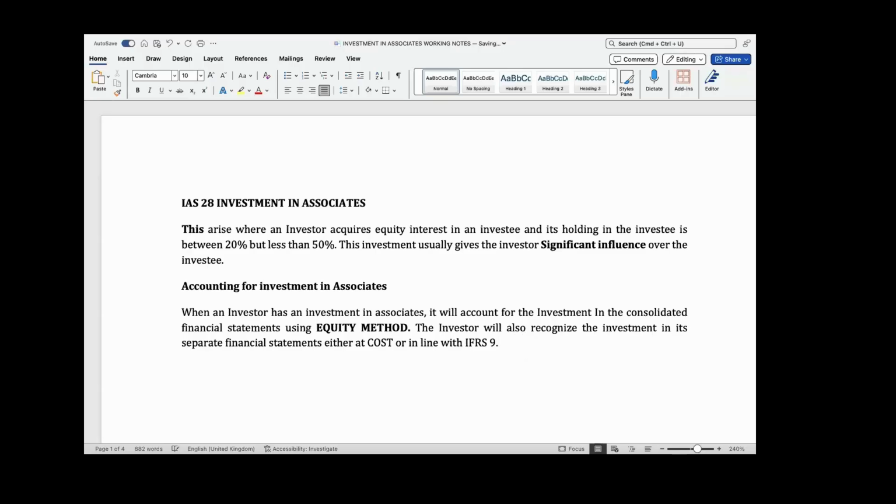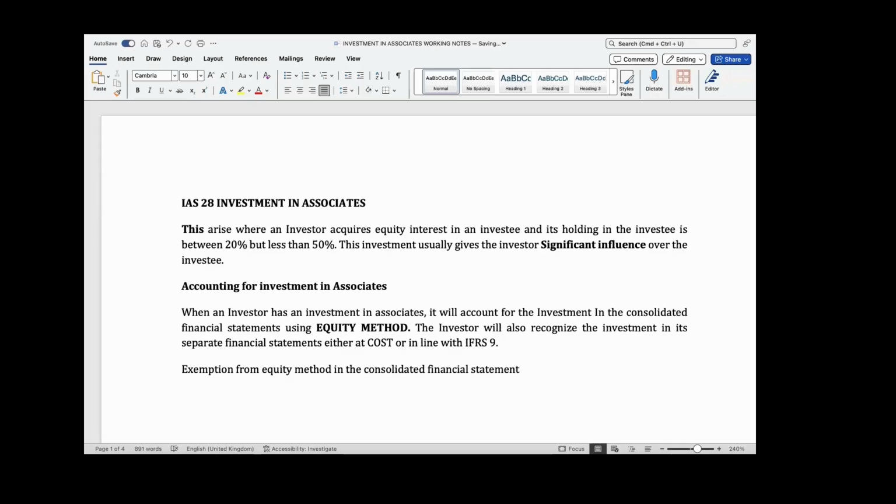Before we apply this method, I need to mention to you that the same thing we learned in IFRS 10 also applies to IAS 28 for exemption from the equity method in the consolidated financial statement.